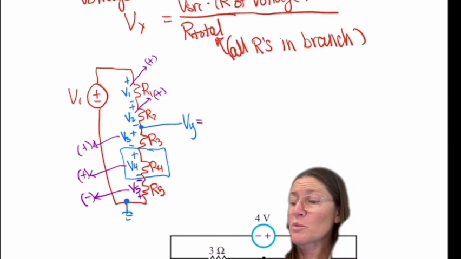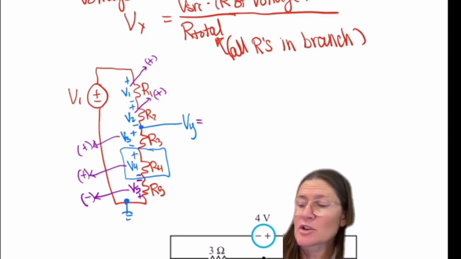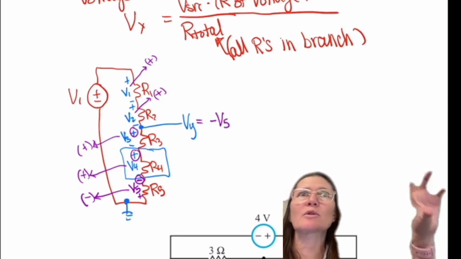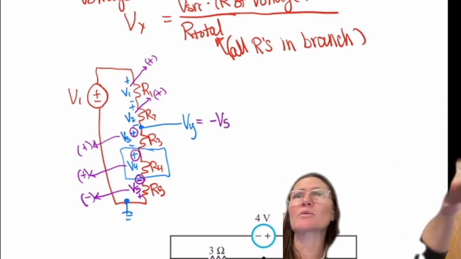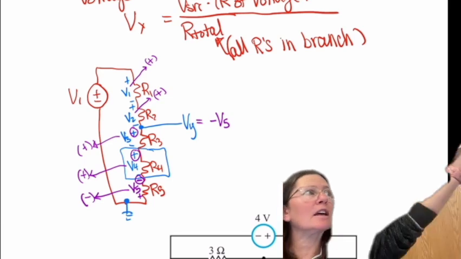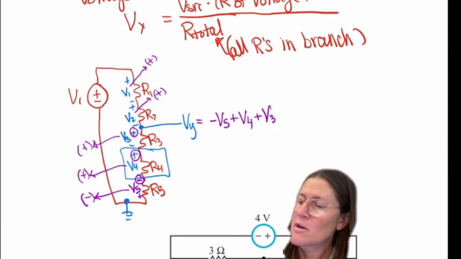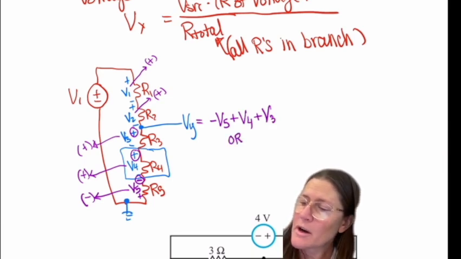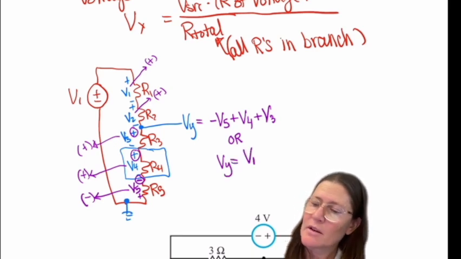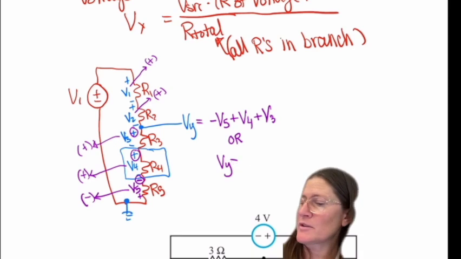So Vy would be the summation from ground of those three. So it would be a minus V5, which is also going to be negative. If I had actually labeled the polarity the other way, it would be a plus. And then plus V4 plus V3. Or I could say Vy is V1. I'll do this in a different color. Green.